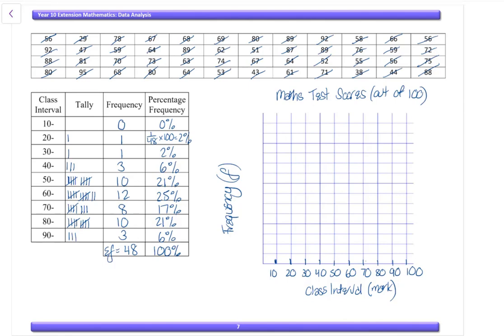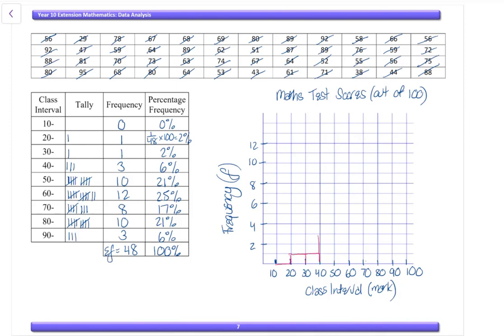Okay, so from 10 to 20 we had no one. From 20 to 30 we had one. Helps if I put a scale on my y-axis: 2, 4, 6, 8, 10, 12. So we go up to 1, and it's 1 for 30 to 40 as well.